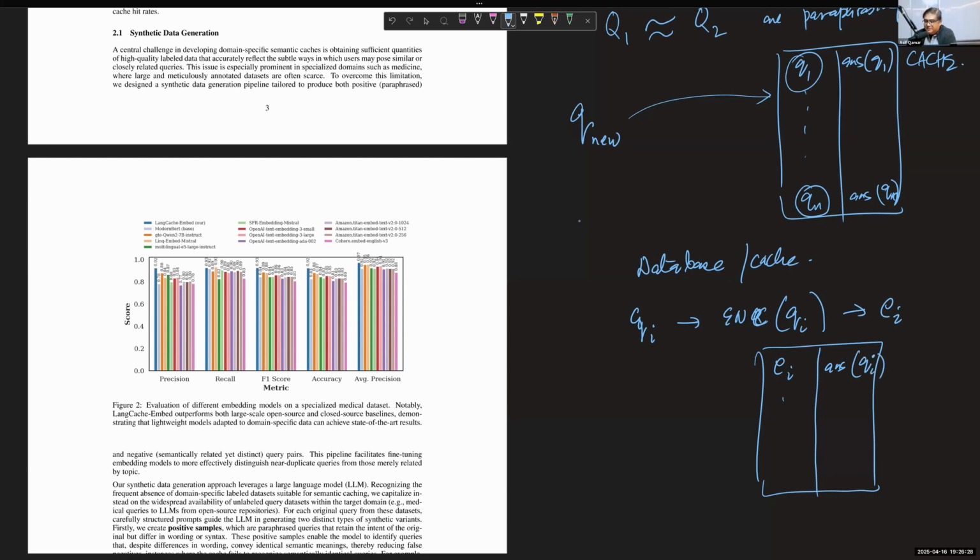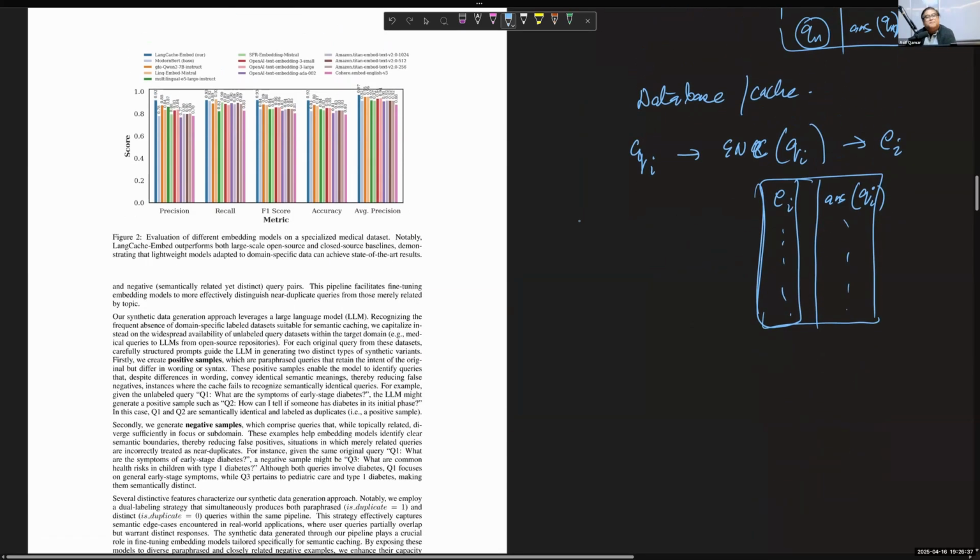So E1, E2, suppose this was kept here. And now you have all of these embedding vectors of the questions.